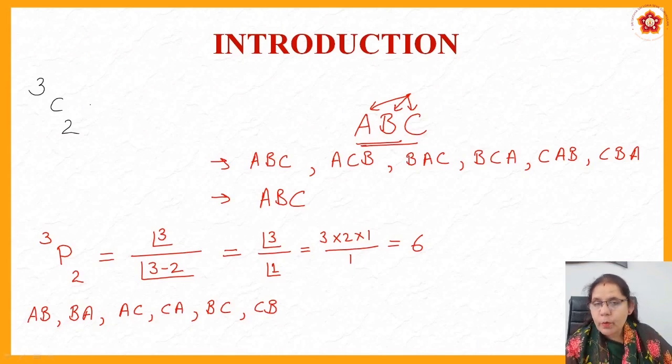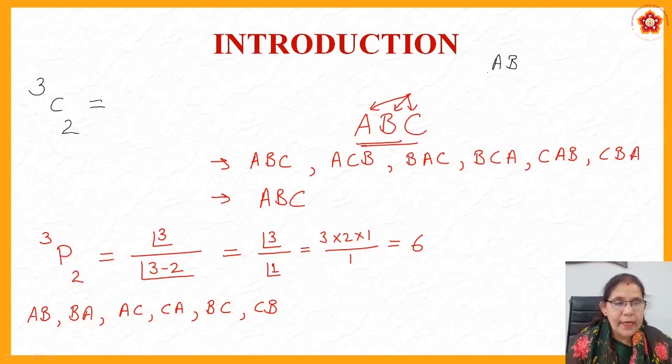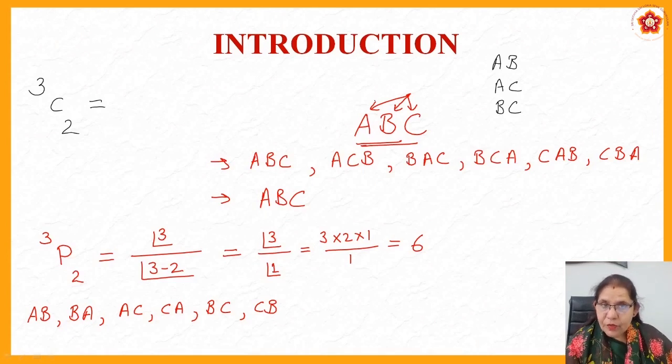We are choosing 2 objects out of 3, and what are the various ways of doing it? Now here you see A, B and C, 3 are there. We can choose only 2. So what can we choose? We can choose AB. Now whether we write AB or BA, it doesn't make a difference. It would be same. We are just choosing 2 objects. Then we can choose AC, A and C, and then we can choose B and C.